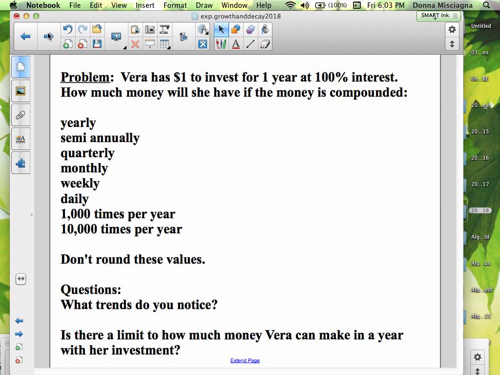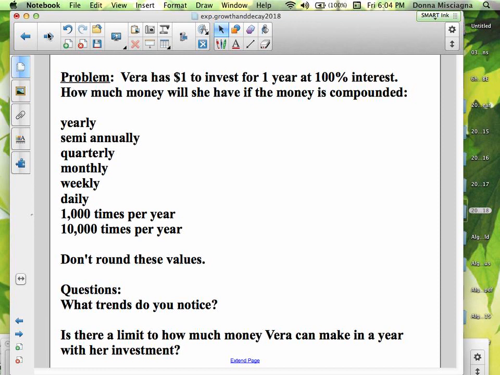How much money will she have if the money is compounded yearly, semi-annually, quarterly, monthly, weekly, daily, 1,000 times a year, 10,000 times a year? Don't round these values. Questions: What trends do you notice? Is there a limit to how much money Vera can make in a year with her amazing, massive investment of $1? And these are the questions we're going to answer on the next slide.